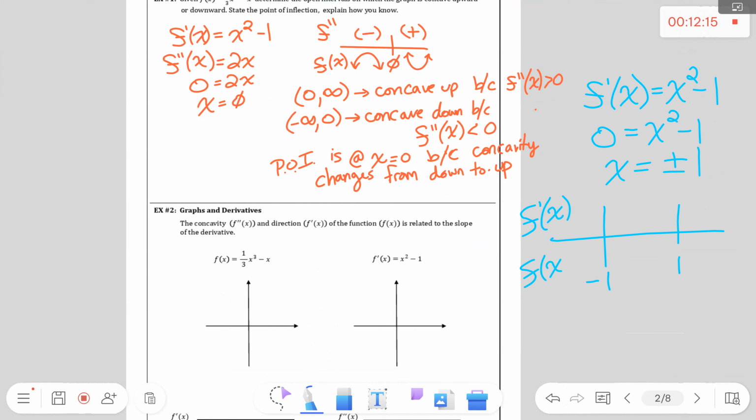Negative 2. Negative 2 squared is 4. 4 minus 1 is 3. So that is positive, meaning the function is increasing. The slope is positive. Choose a number between 1 and negative 1. 0. 0 squared is 0. Minus 1 is negative 1, so that's negative.